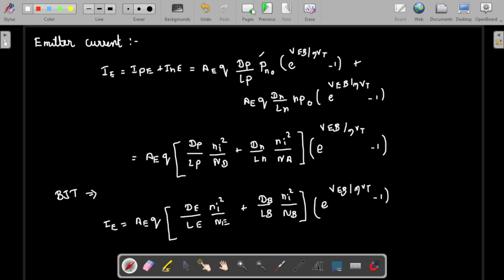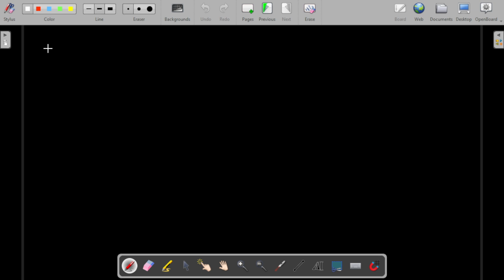Let me take a new page. We already know the width of the base, Wb, will be much less than Ln or Lp or any of the diffusion lengths we are taking, so the lengths will be greater than Wb. We know this width can be taken.